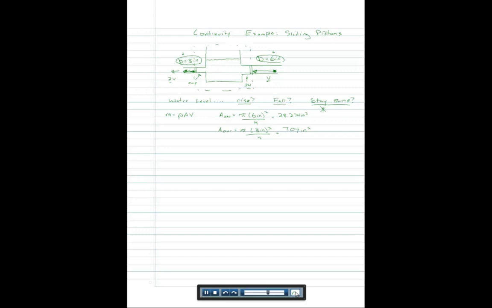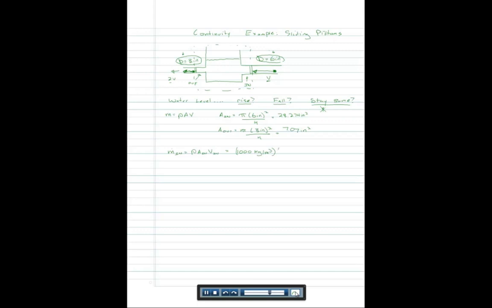We're going to write things in terms of these relative velocities. We don't know in absolute terms what the velocities are, but we can say that the mass flow rate in is the density of the water, the area in, and the velocity in. And so this being water, the density is 1,000 kilograms per cubic meter.